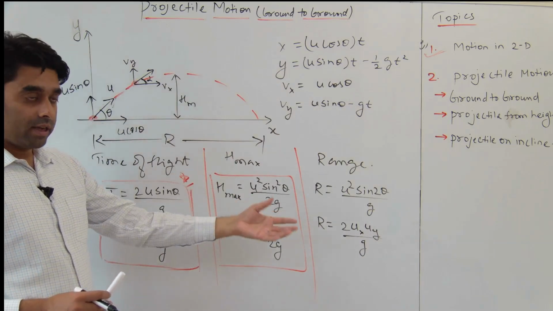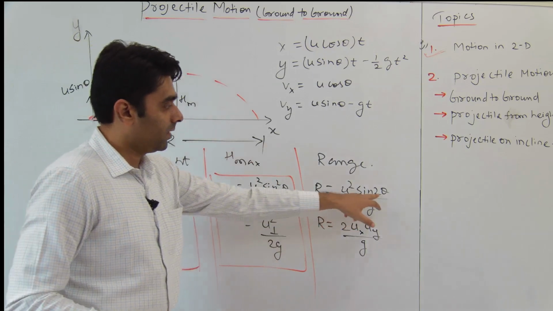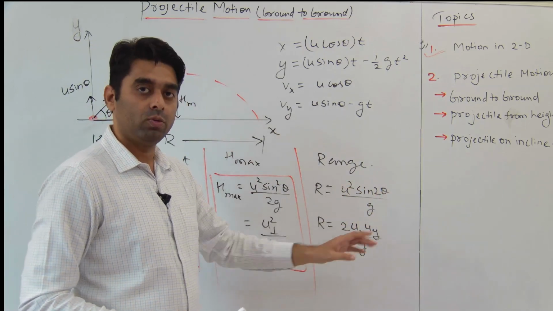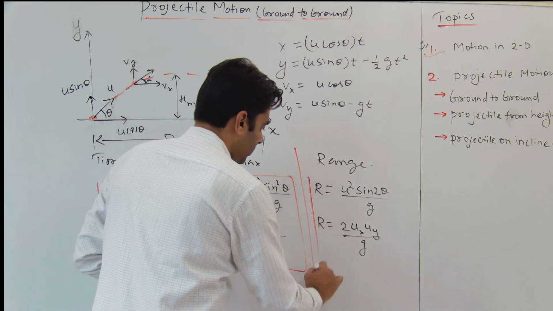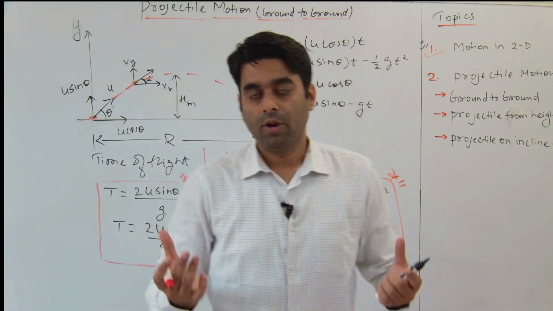Again I am saying keep this result also in mind. In some questions this is helpful, right? Mathematically sin 2 theta is written as 2 sin theta cos theta, so ultimately we will get 2 ux uy by g. So this is our range relation, right? Important relations, they should be on your tips.